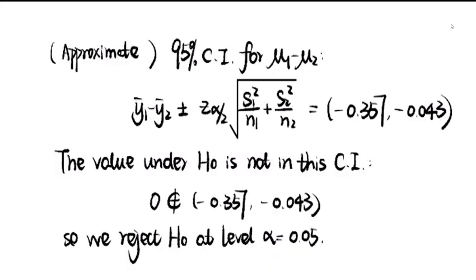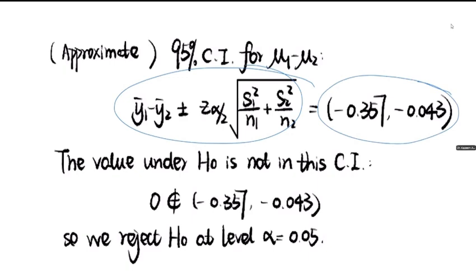This is the confidence interval formula. If you plug all that in, you see that your lower bound is negative and your upper bound is negative. If both bounds are negative, then we're not going to have zero in the interval. I told you the other time, the only way you can have zero in the interval is when the lower bound is negative and the upper bound is positive.